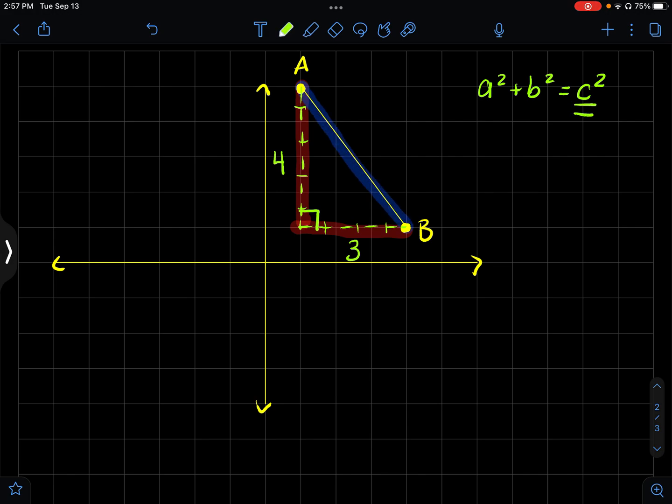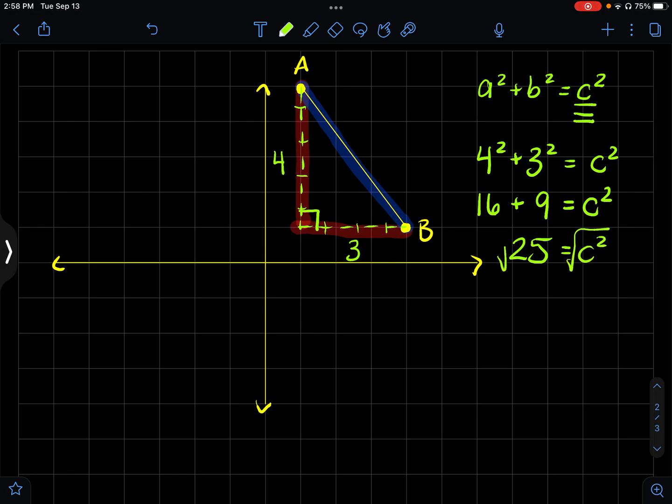The horizontal and vertical lengths are what you're going to use for your a squared and your b squared. So 4 squared plus 3 squared equals c squared. 4 squared is 16, 4 times 4. 3 squared is 9, 3 times 3. 16 plus 9 is 25.